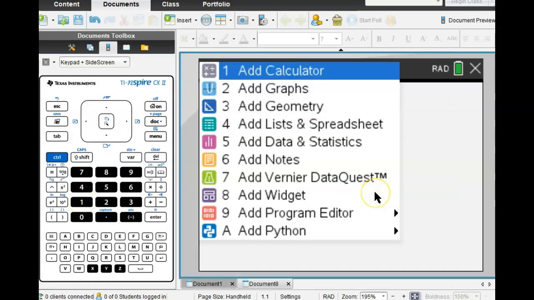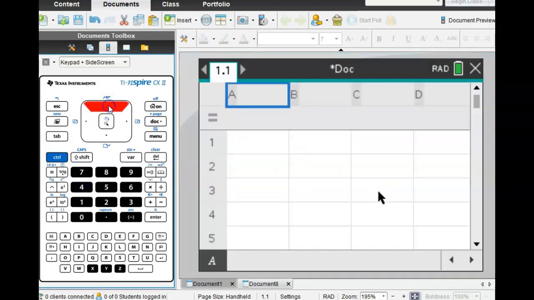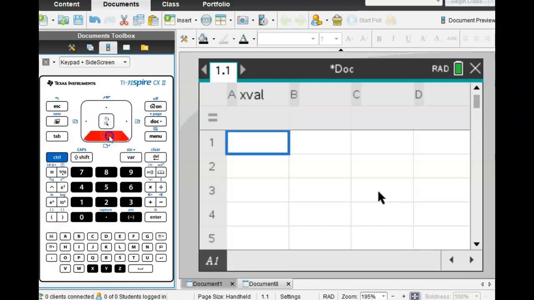Hopefully you did it and it is correct, but I'm here in lists and spreadsheets, so it's going to take me a moment. If you've already done it, you can work on another one until we get to where we talk about it, that's totally fine. But if you haven't done it, do it right now.